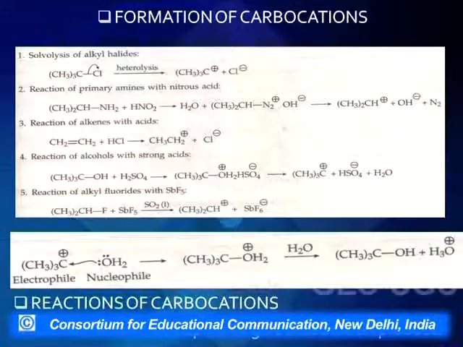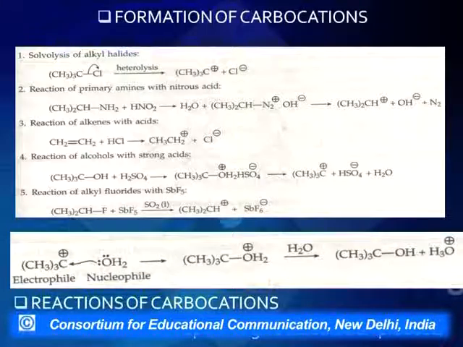Then alcohols also undergo nucleophilic substitution or elimination. When we do the reaction with concentrated sulfuric acid, alcohols undergo elimination reactions and we get an alkene. In this case again a carbocation is formed as an intermediate.